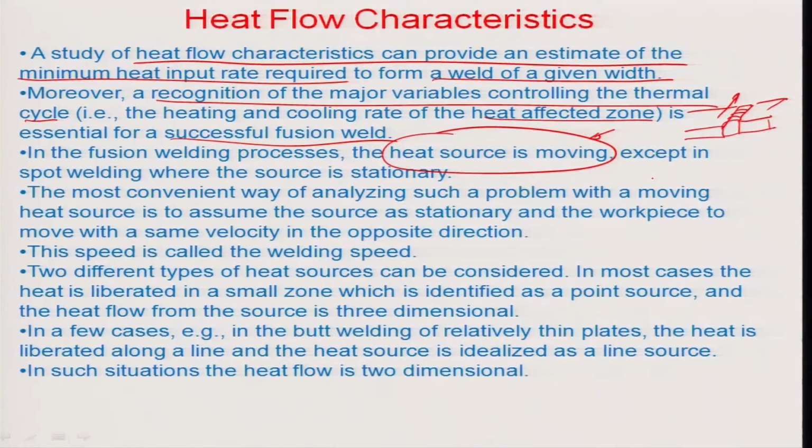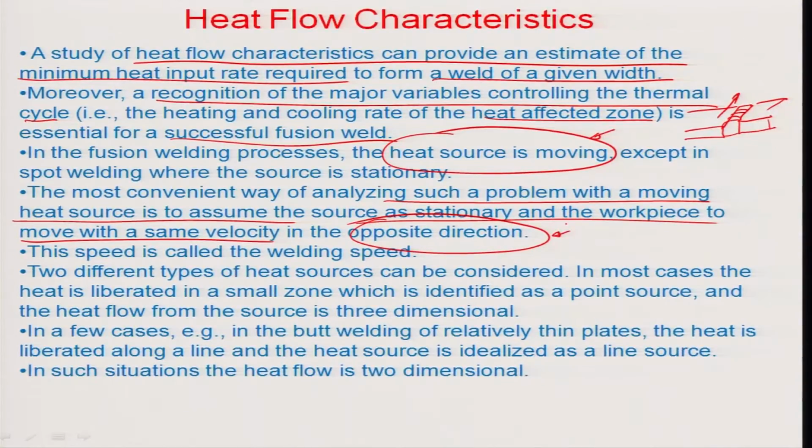Therefore, analyzing such a problem with a moving heat source is done by assuming the source as stationary and the workpiece to move with the same velocity in the opposite direction. Okay. So, that is how all the analysis of the heat transfer would be done, and this essentially defines the limiting condition, which is the speed at which the weldment is being made, or the speed at which the welding process happens.